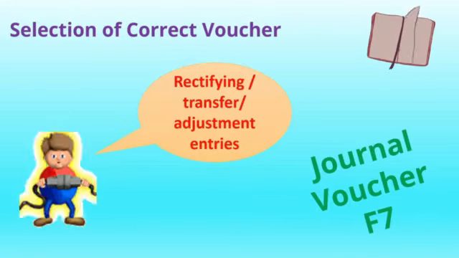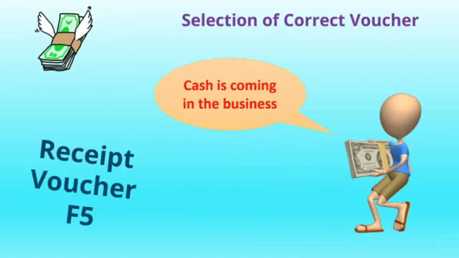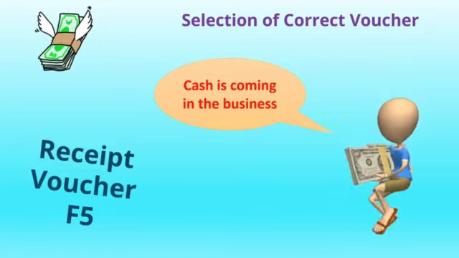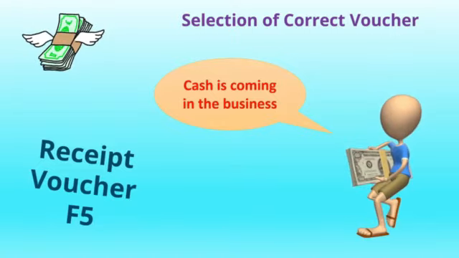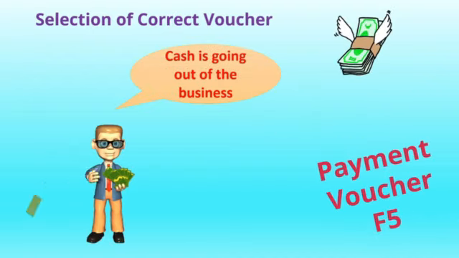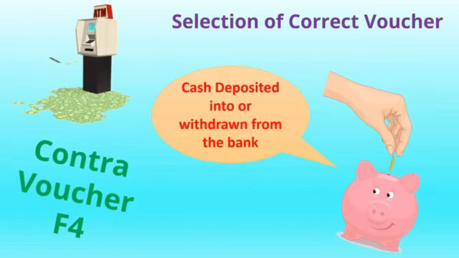Then rectifying, transfer and adjustment entries under journal voucher. Then when cash is coming into the business or you are receiving cash from someone, from your customer, then receipt voucher. When you are giving cash to your supplier or cash is going out of the business, then payment voucher. And whenever cash is deposited into or withdrawn from the bank, then contra voucher.